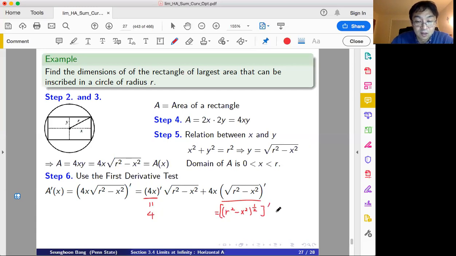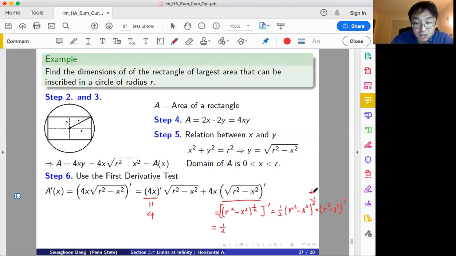So like this, we can use the chain rule. The 1/2 comes down, r squared minus x squared to the power 1/2 minus 1, which is negative 1/2, times the derivative of the inner function, r squared minus x squared.